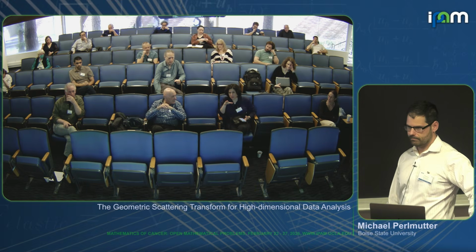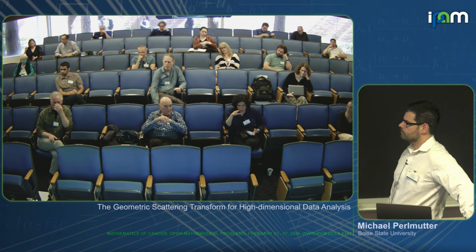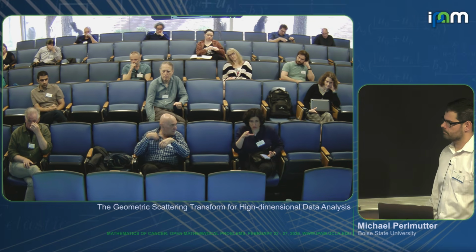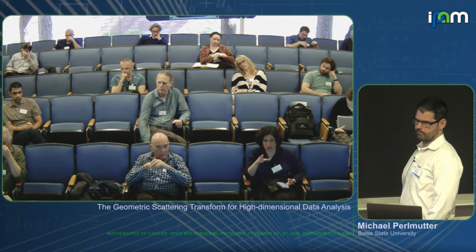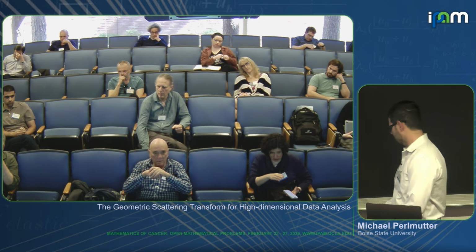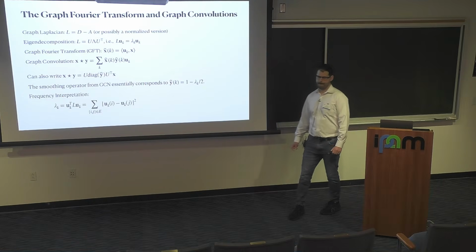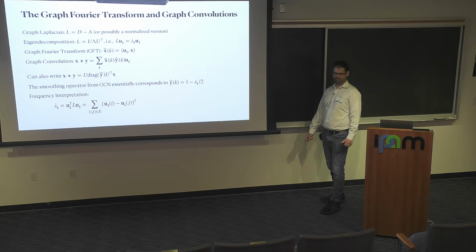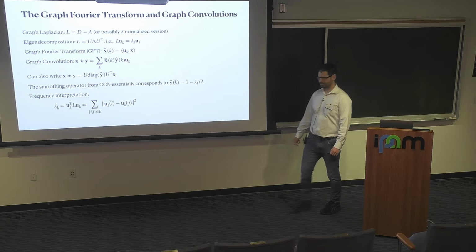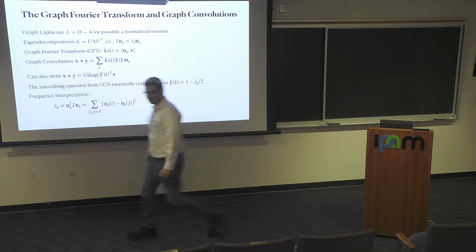So, just to make sure I understand, you're summing over projections onto the kth eigenvector of the Laplacian. Is that right? Yeah, exactly. Okay, and then projecting again, and that becomes the coefficient of the eigenvector.